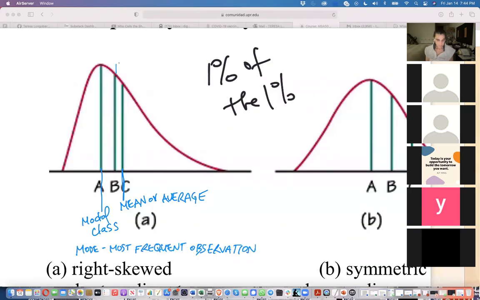is known as the median. The median is also called the 50th percentile. Does anybody want to explain what that is?